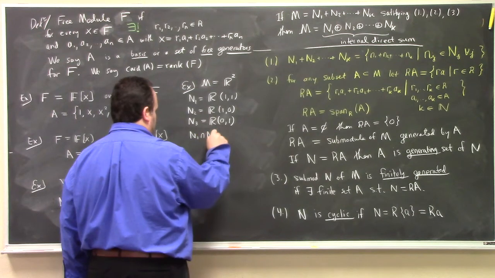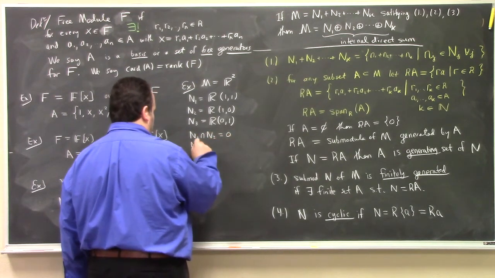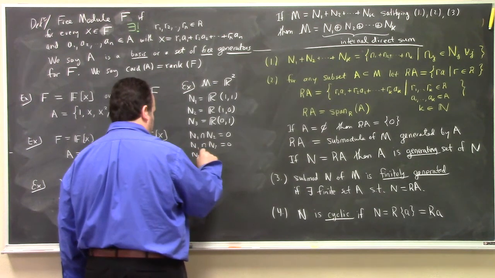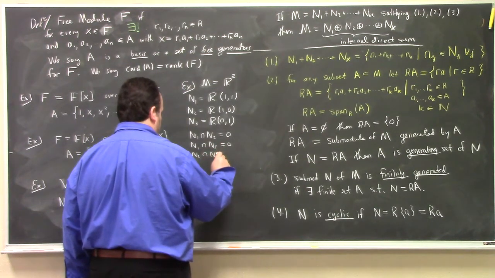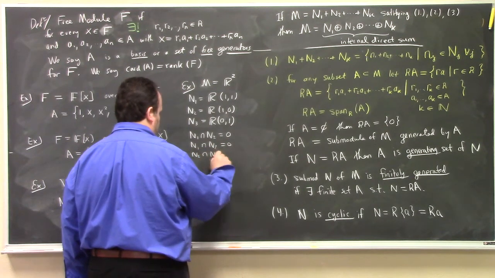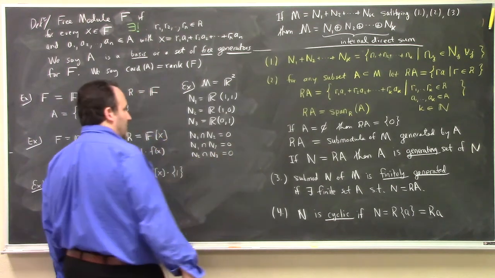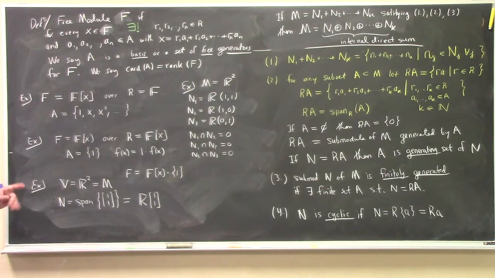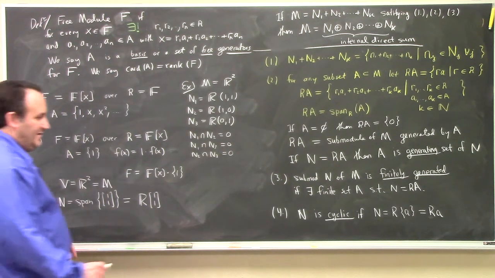N1 intersect N2, N1 intersect N3, N2 intersect N1 and N3, yeah. So if you were tempted to say that means that those are independent, it would get you into trouble, because then you might be like, oh, so if those are independent, then R2 is the direct sum of those, right?